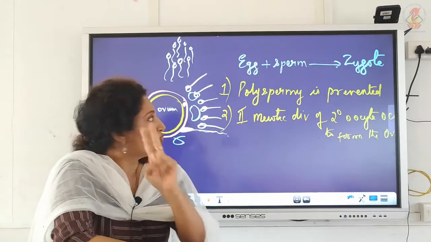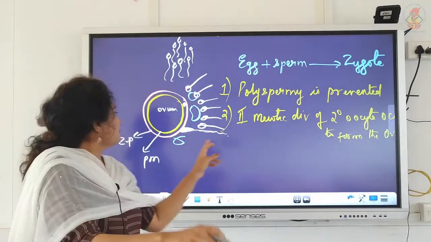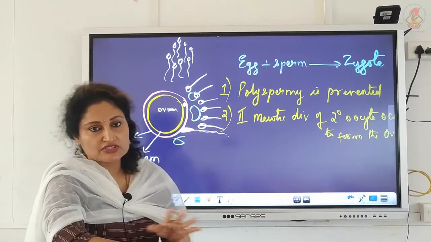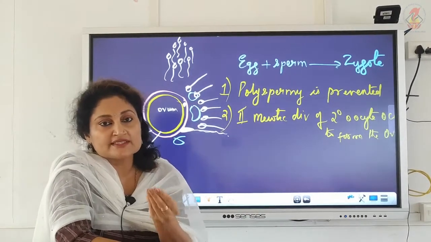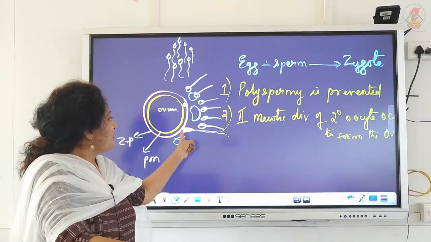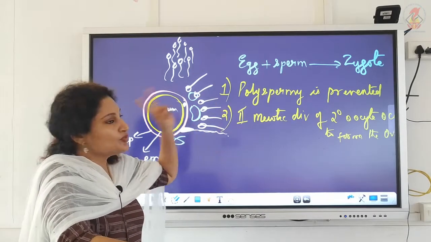So once again, two very important events occur when the sperm head comes in contact with the zona pellucida. A number of sperms are in the vicinity of the egg, and they release the sperm lysin from the acrosomes to penetrate through the different layers surrounding the egg. Only one sperm successfully reaches and touches the zona pellucida. At that point, two processes are induced.